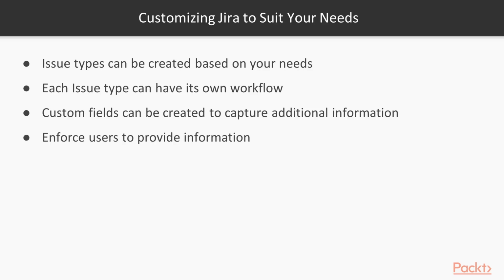You can also enforce users to provide the information. For example, any field in Jira can be made mandatory. You can make certain fields like labels or components, or custom fields like category or country name, a required field.